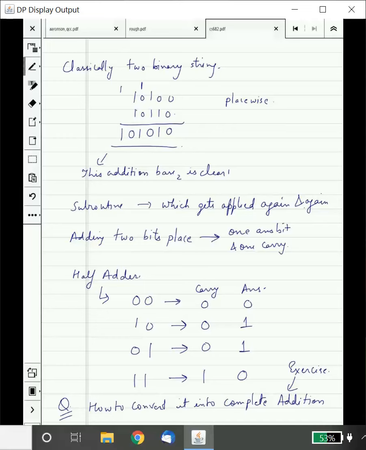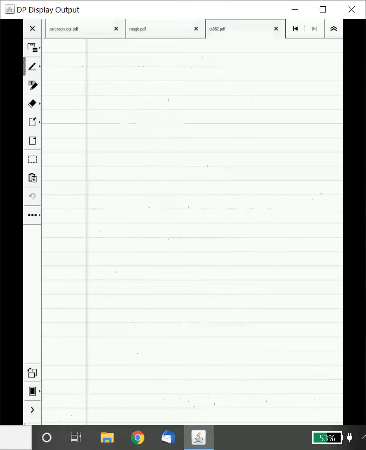This tells me that my problem has now reduced. If I want to add two binary strings, two Boolean strings, then my job is to add coordinate wise. That means I need a circuit for half adder. If I can build a circuit for half adder, then I can complete the action.